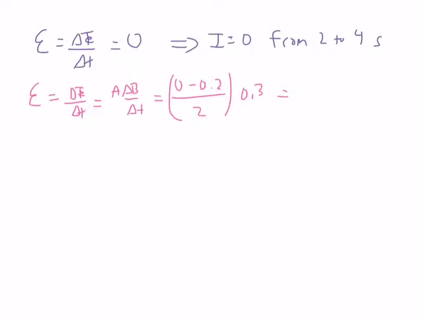Oops, I realized that I've made a sign error. Just a sec. So I'll go back and correct this on the other one in a second. So part B is asking for a magnitude, which is why it's a positive value. But remember, Faraday's law really is that there's a negative sign in here. So there's that negative sign on the equation sheet. So we're going to get a negative times a negative. So this is going to be a positive value, specifically 0.03 volts from 4 to 6 seconds.